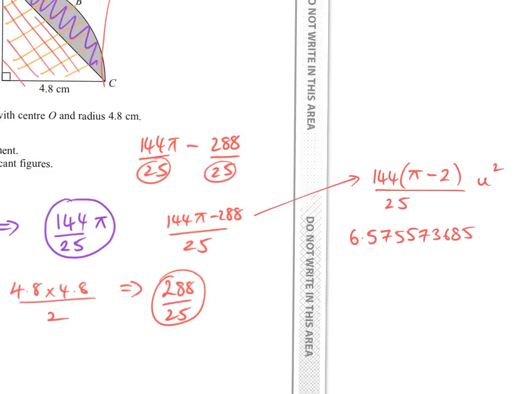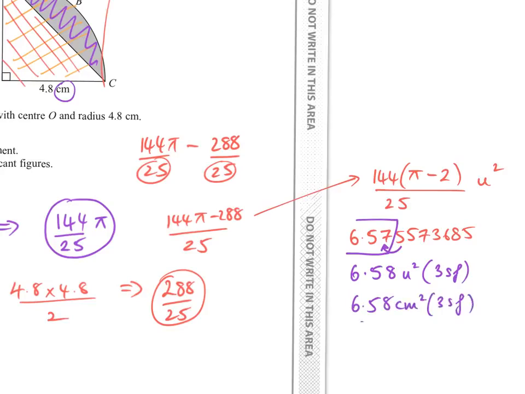That's what the question wants. So it will be 6.58, because this 5 would have an effect on the 7, units squared, and I'm going to write that to 3 SF, and I've just noticed the units is centimetres, so I should write this really. Okay, so that's how I would work out that particular question.